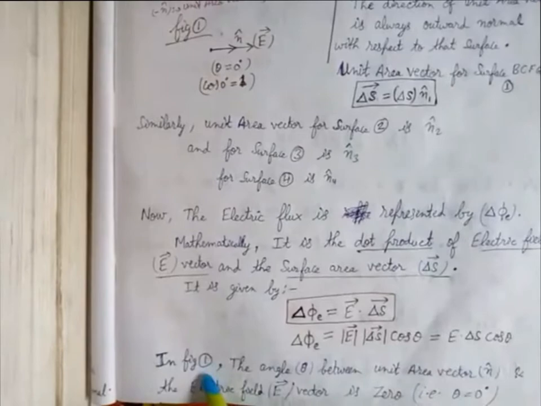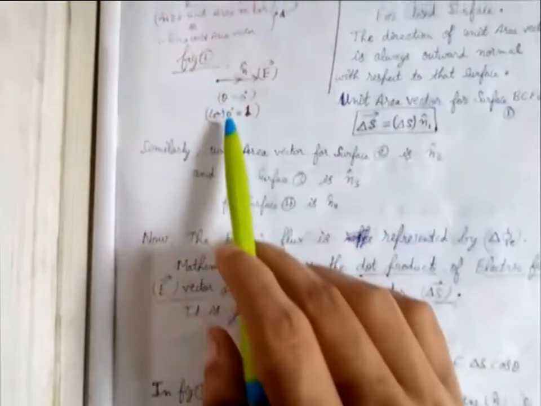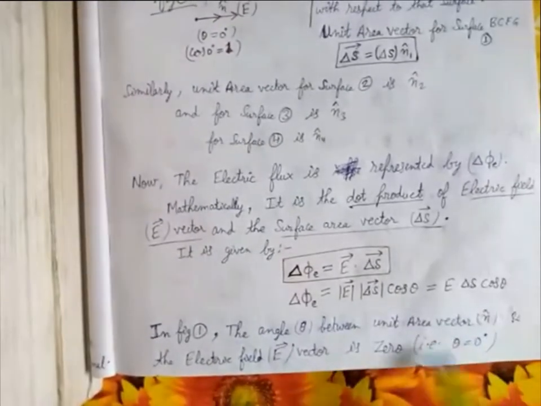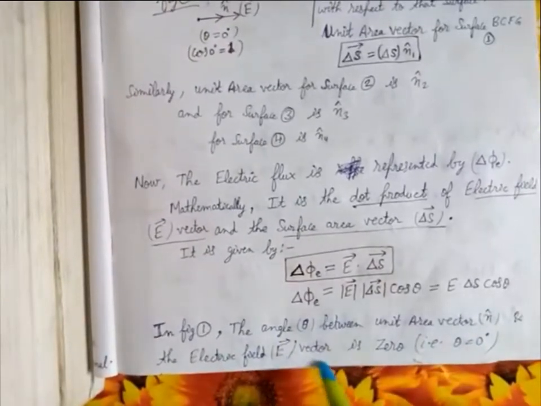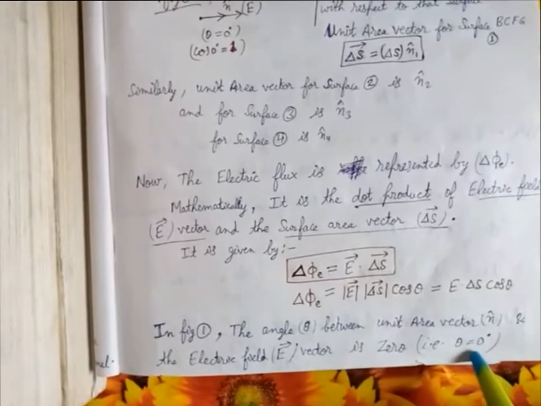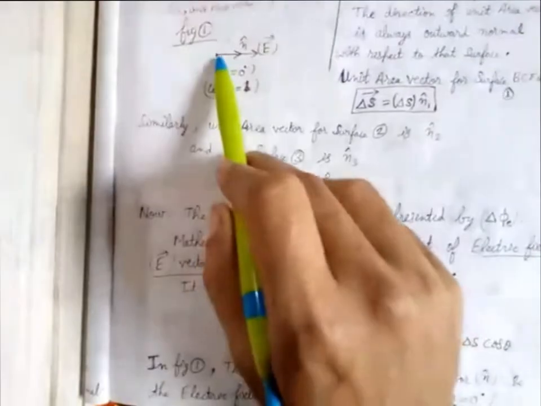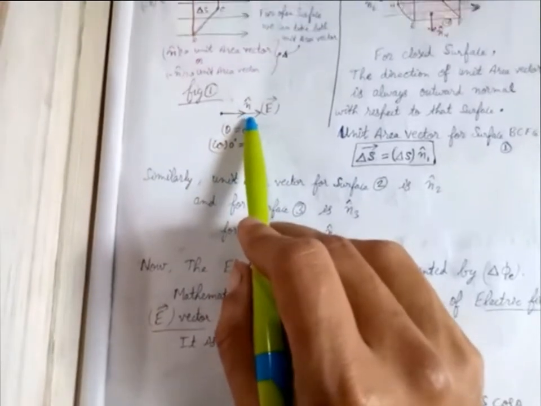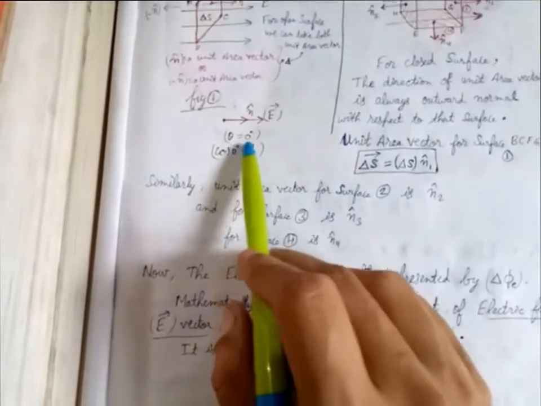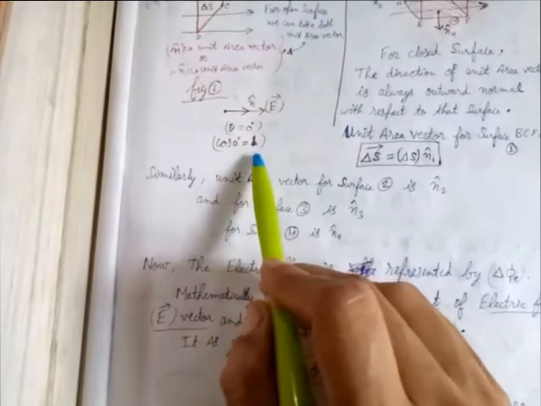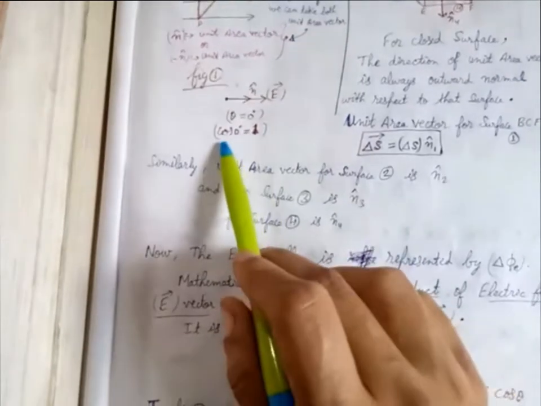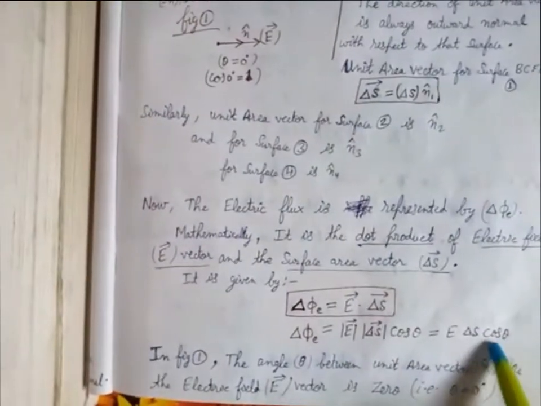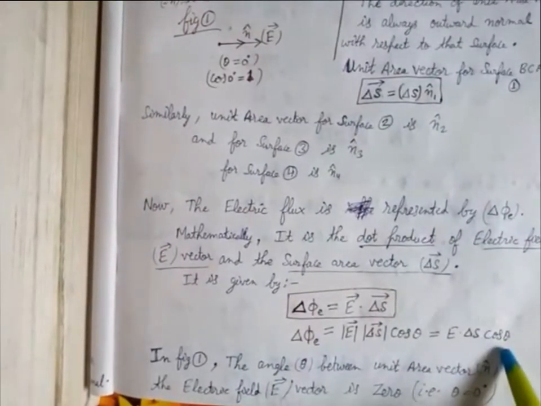So in the first figure, the angle between the area vector and the electric field vector is 0, because the electric field is in the same direction as the unit area vector, and theta is 0. Cos 0 is 1, which is the maximum value of the cos angle.